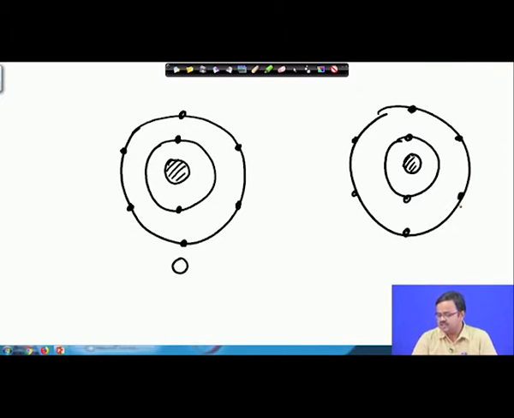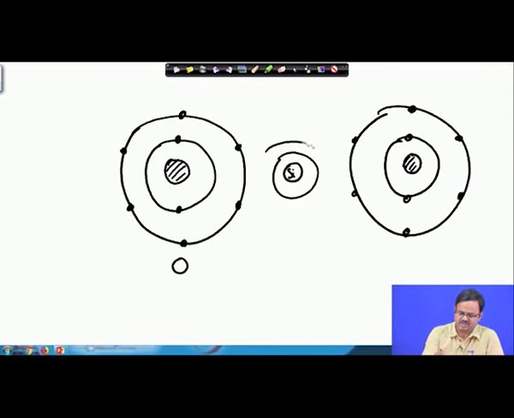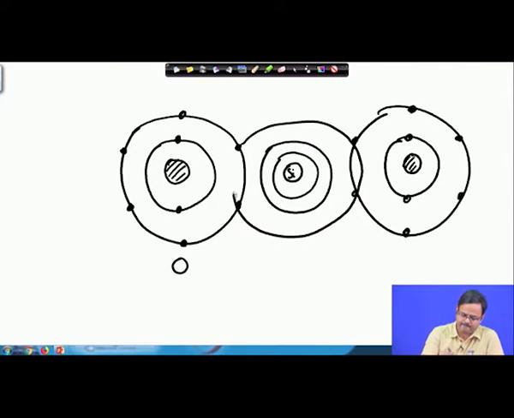Silicon has 4 electrons on the outer shell, and then it has 2 plus 8. So, if I write silicon, it has 2 shells, I am not writing all of those.